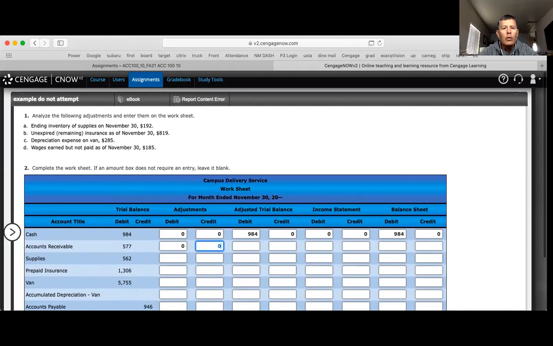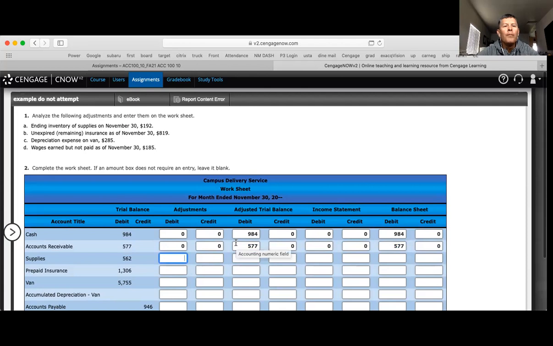So this will be 0. There shouldn't be anything in the adjustments. So it should just show 577 because it's a debit, 0 here, 0 here. Accounts receivable does not go on the income statement either. So this will be 577. This will be 0.